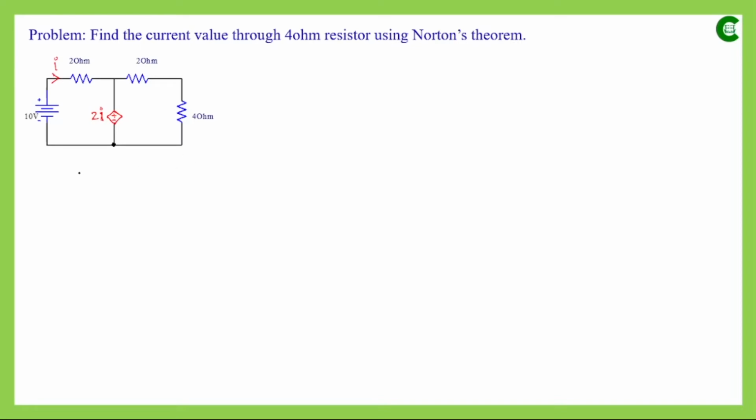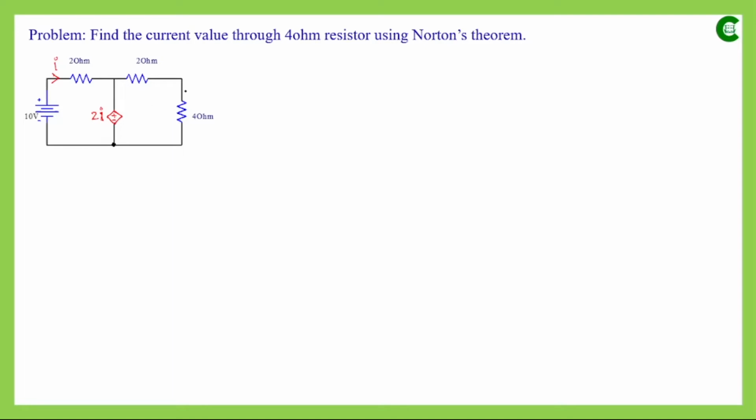In this DC circuit, we can see that we have an independent voltage source having value 10 volt, and along with that we also have a dependent voltage source having value 2I. Now I is the current which flows through this 2 ohm resistor, and from the polarity we can easily say that this is a voltage source.